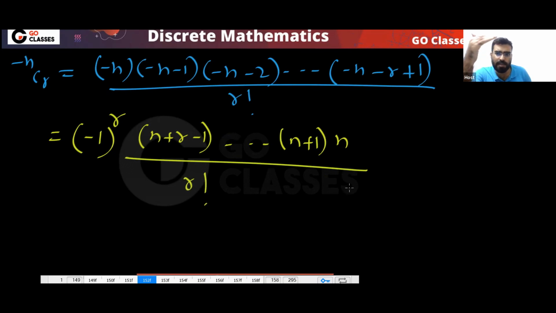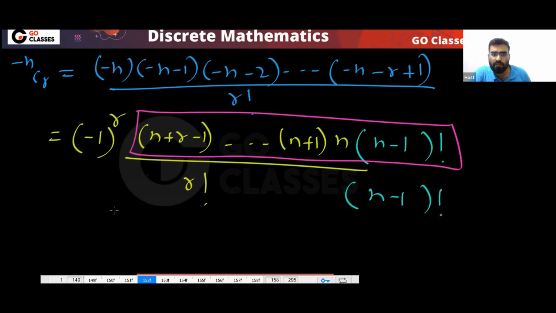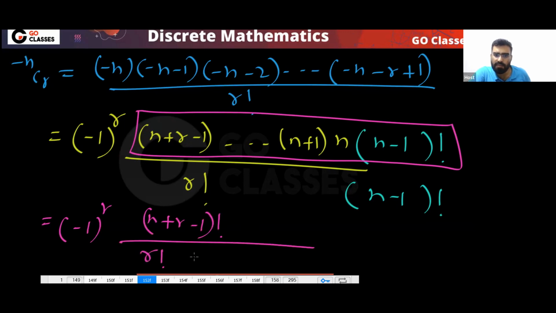Now tell me, what should I multiply up and down? I should multiply with n minus 1 factorial, right? So that this will become minus 1 power r times n plus r minus 1 factorial divided by r factorial n minus 1 factorial.